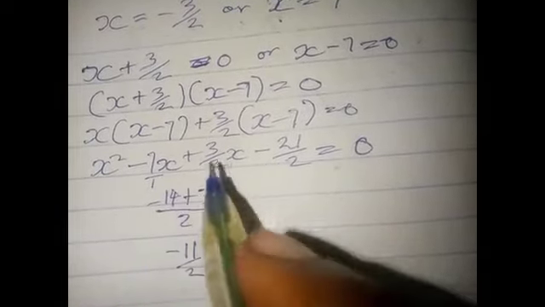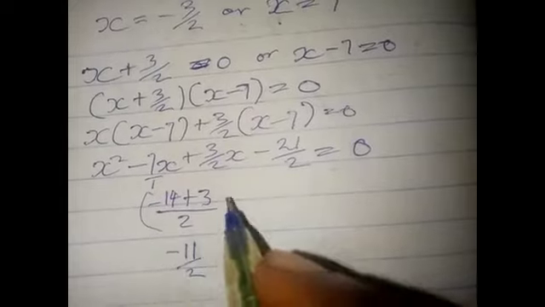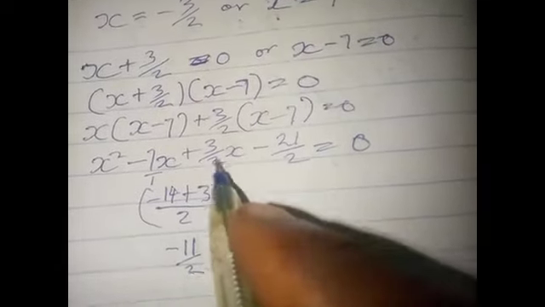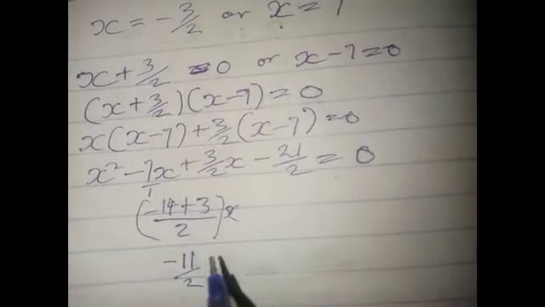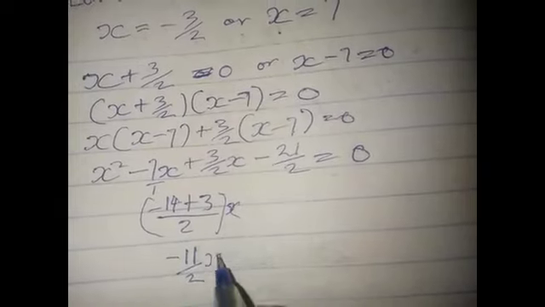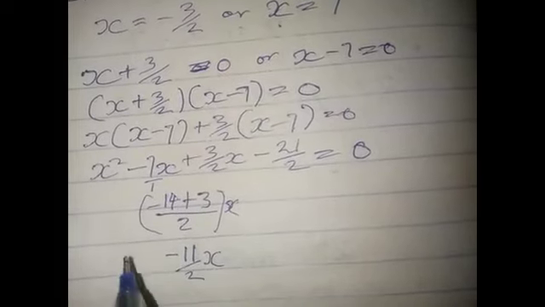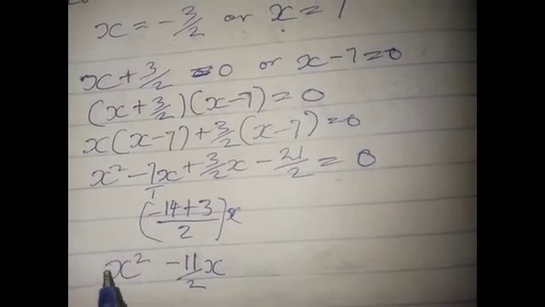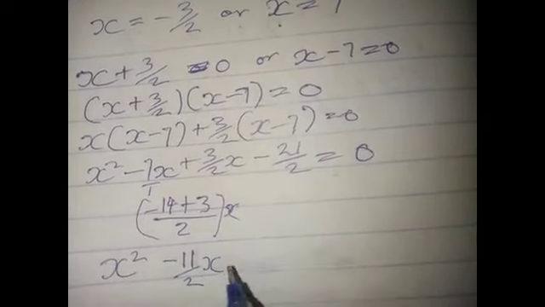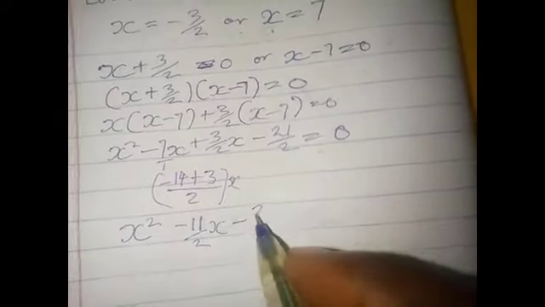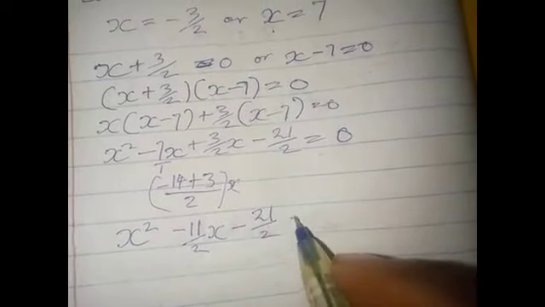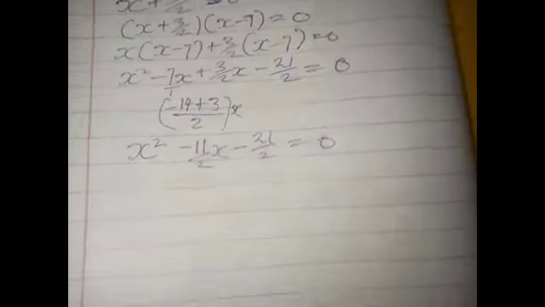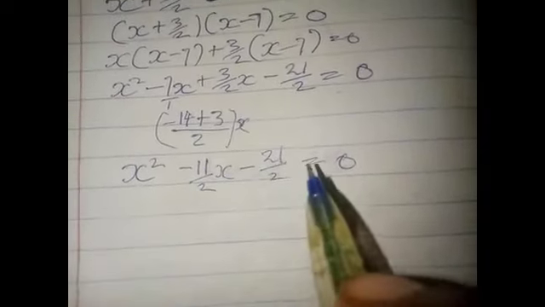So put it all in a bracket, then our x. So this means we bring our x down here. So we just bring this, and to it we say x squared, and this we have minus 21 all over 2, all equal to 0. So having this, should we leave the equation like this?